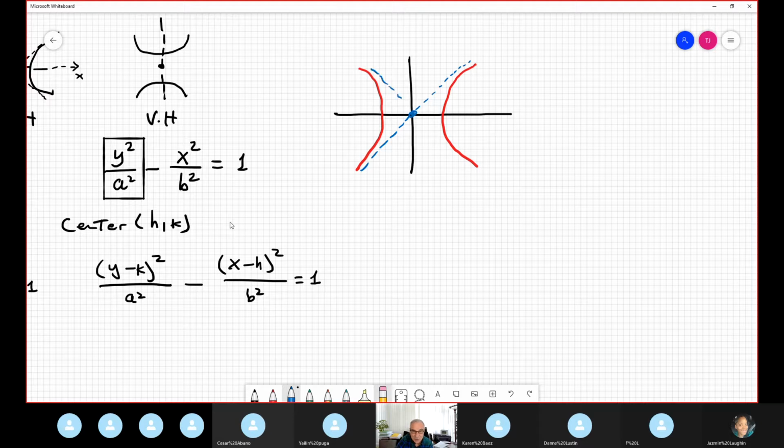In this case, to simplify, I suppose it is 0,0, but not necessarily 0,0. If the center is h, k, well, it's h, k. And some people prefer to draw an auxiliary rectangle like that when drawing the hyperbola. This, by the way, is called the reference rectangle.